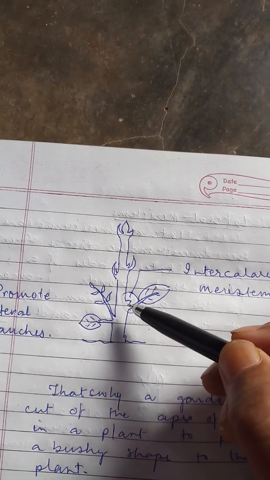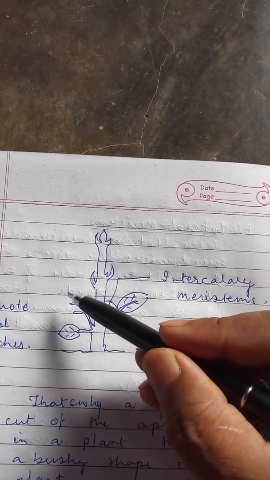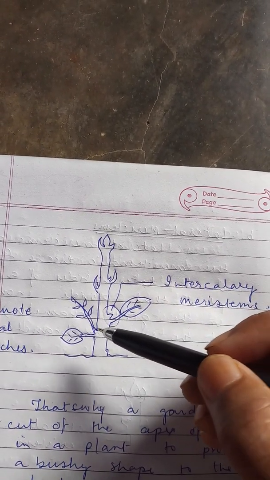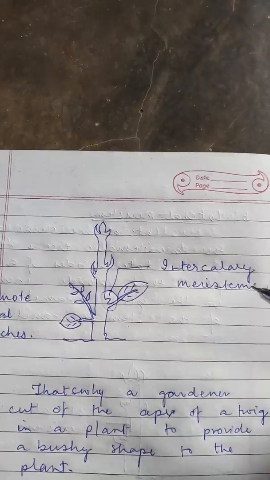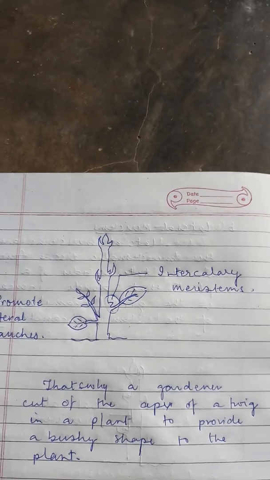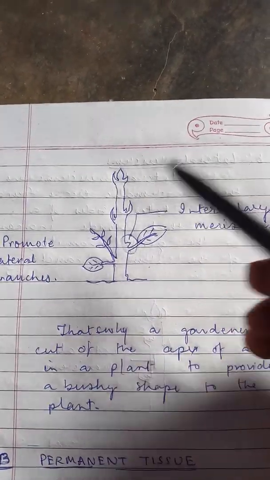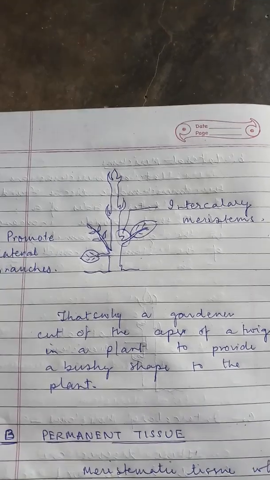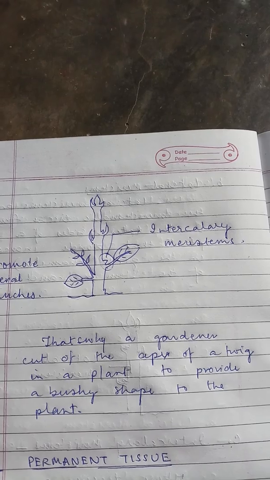Due to the repeated division of the intercalary meristem, it produces branches, leaves, etc. So here in this location, the particular tissue is called intercalary meristem. That's why a gardener used to cut the apex of each branch or twig to provide a bushy shape to the particular plant for its beauty.